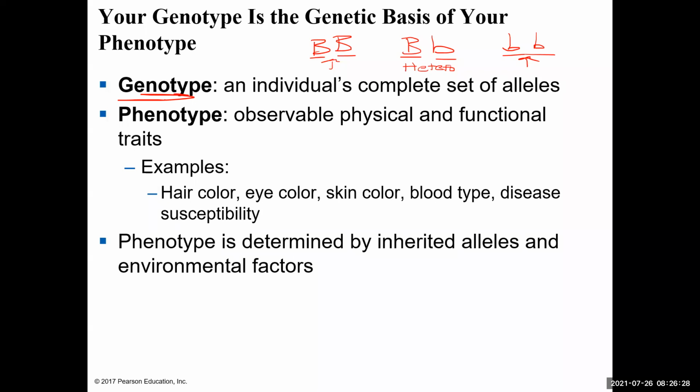Because you have at least one brown allele, this individual will have brown hair, and it's homozygous dominant. This one has two recessive alleles, so there's no dominant allele, and it will show the recessive trait, which is blonde. This is homozygous recessive.